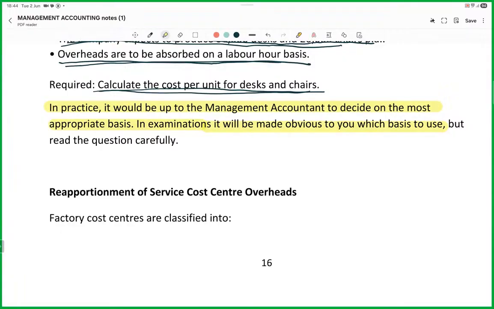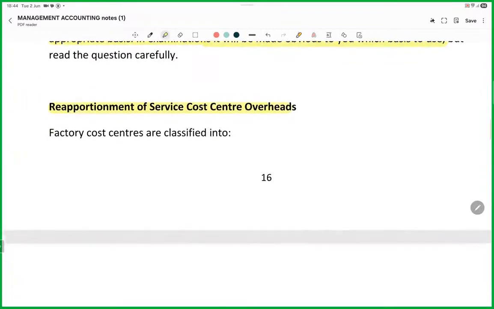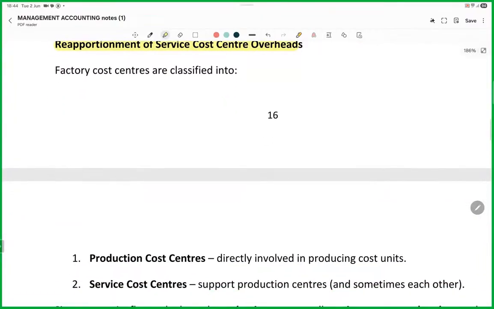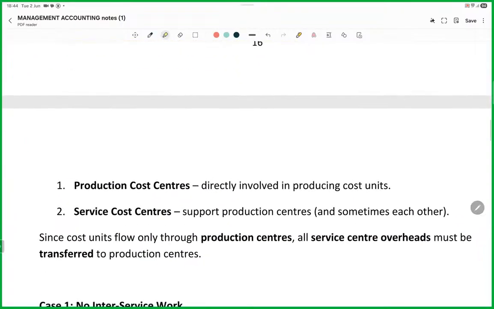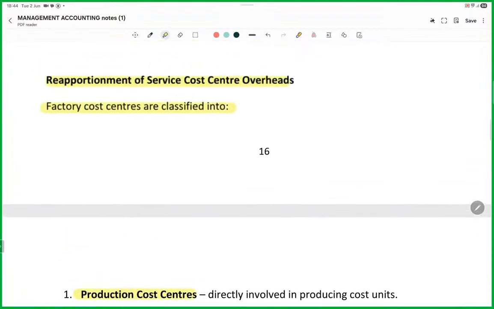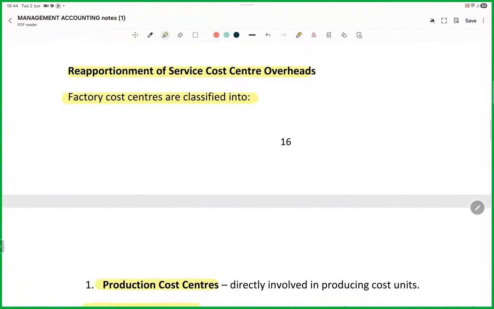And I'll be able to come back to that. So we are going to what we call reapportionment of service cost center overheads. Factory cost centers are classified into two. We have production cost centers, and we have service cost centers. You must write this.